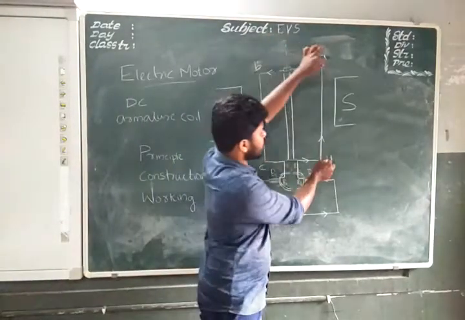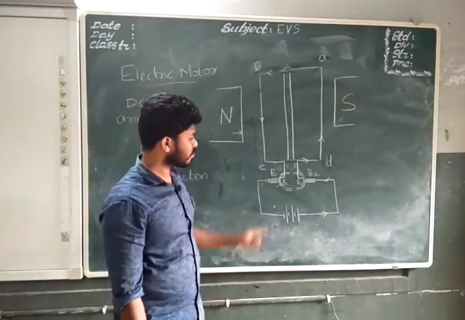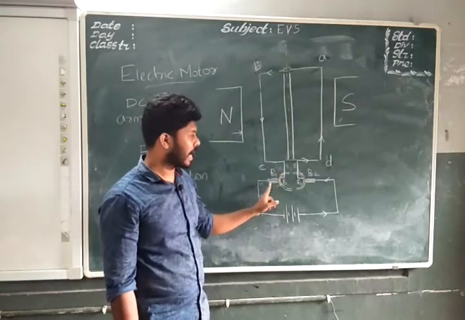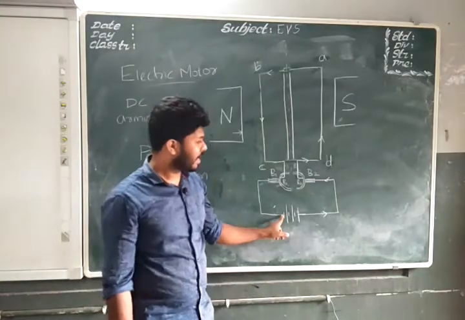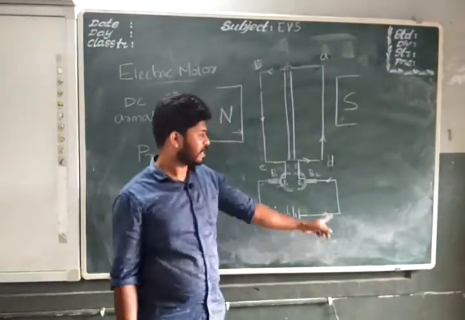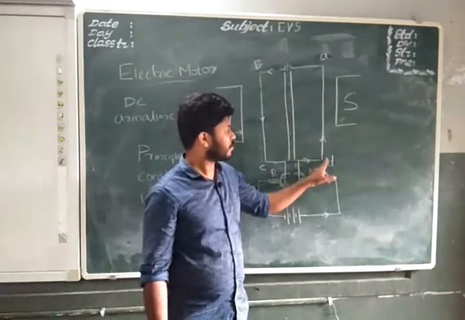Now again the current moves through here and reaches here, isn't it? Again current flows from the positive terminal, goes through here, and flows from D to A.